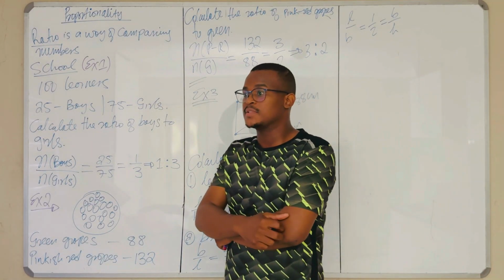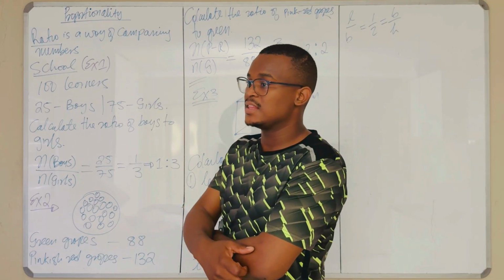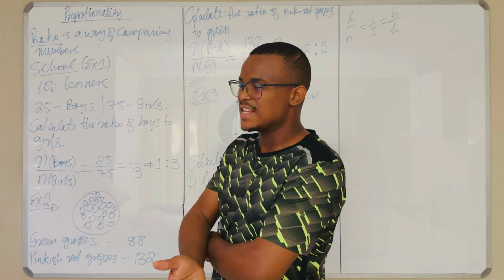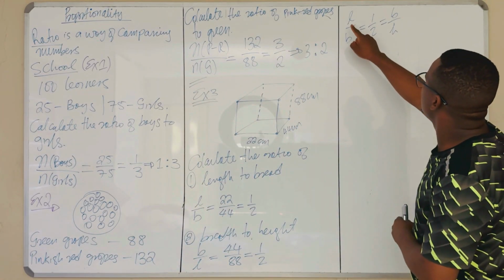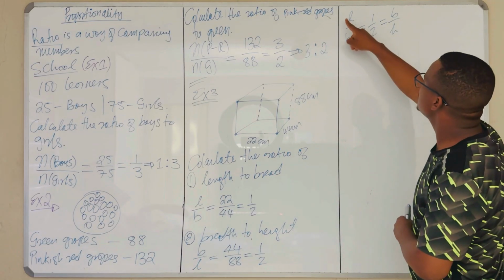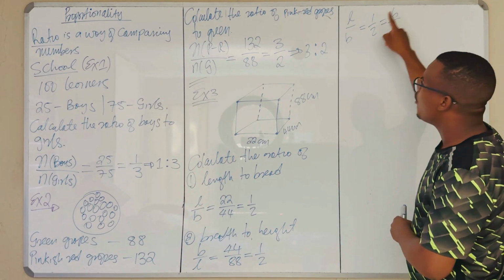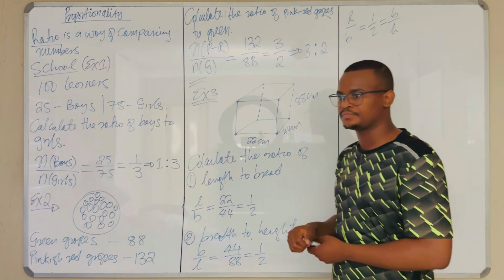Now the question becomes, if you have two ratios that are proportional, does it necessarily mean, in this case, we have both this ratio equal to half and this ratio equal to half, does it mean the length is equal to the breadth or the breadth equal to the height? Not in general.